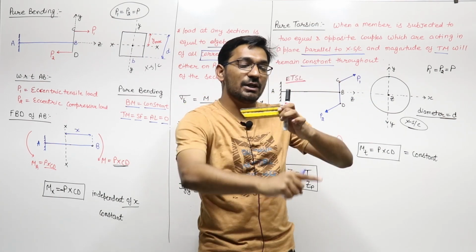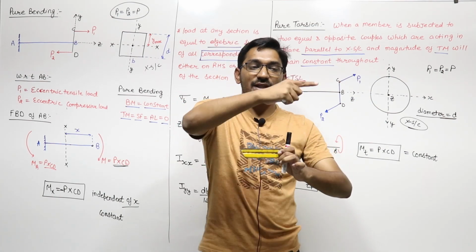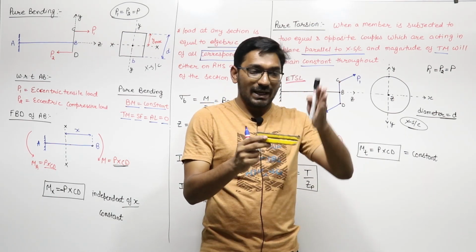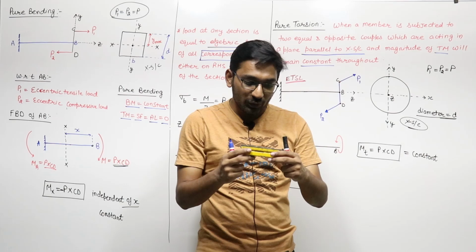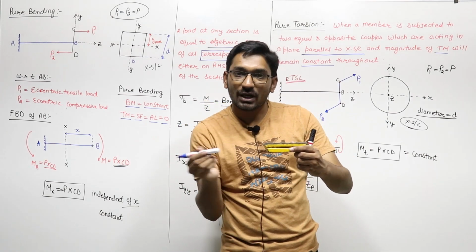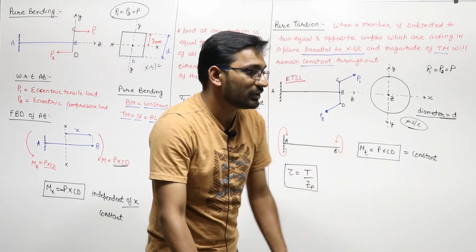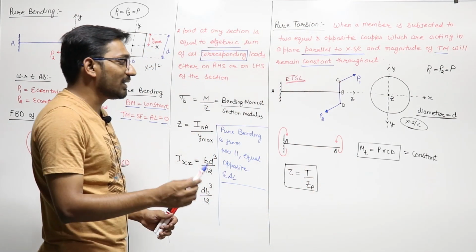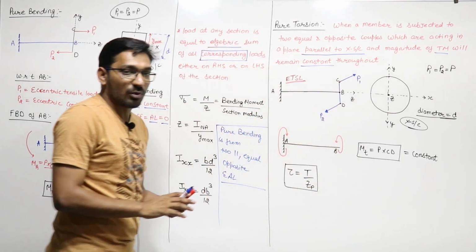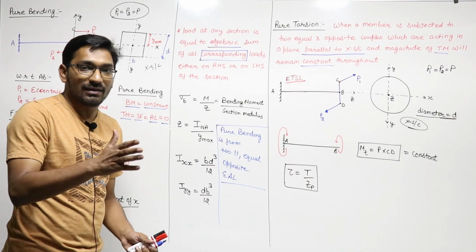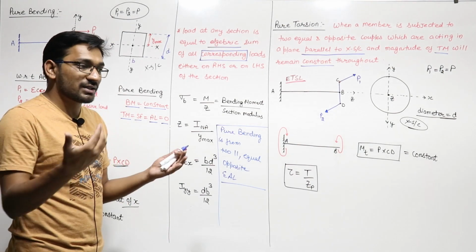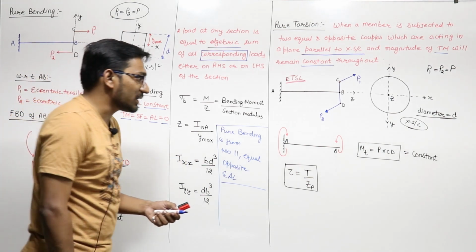So P1 and P2 will give us a couple in this plane, and the plane of this couple is parallel to the plane of the cross section, or you can say the plane of this couple is perpendicular to the longitudinal axis. So these P1 and P2 will give us a twisting moment, because the twisting moment is that moment when the couple plane is parallel to the plane of cross section and perpendicular to the longitudinal axis.